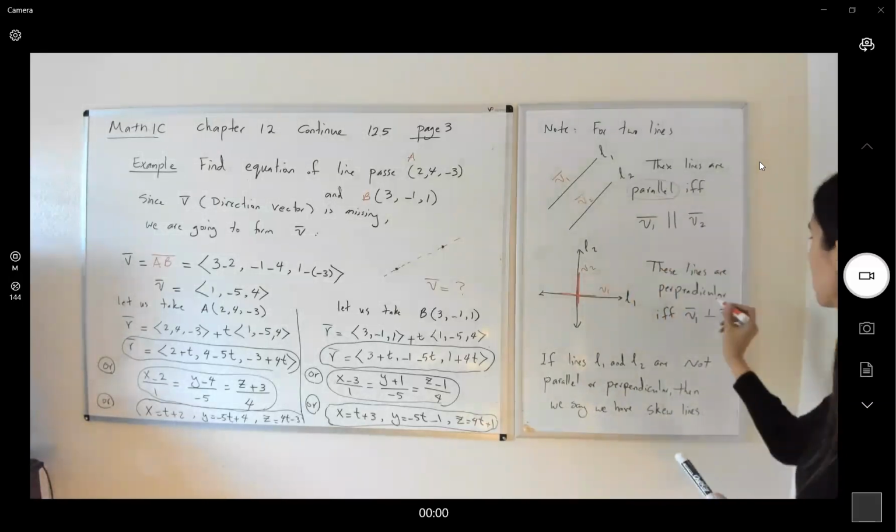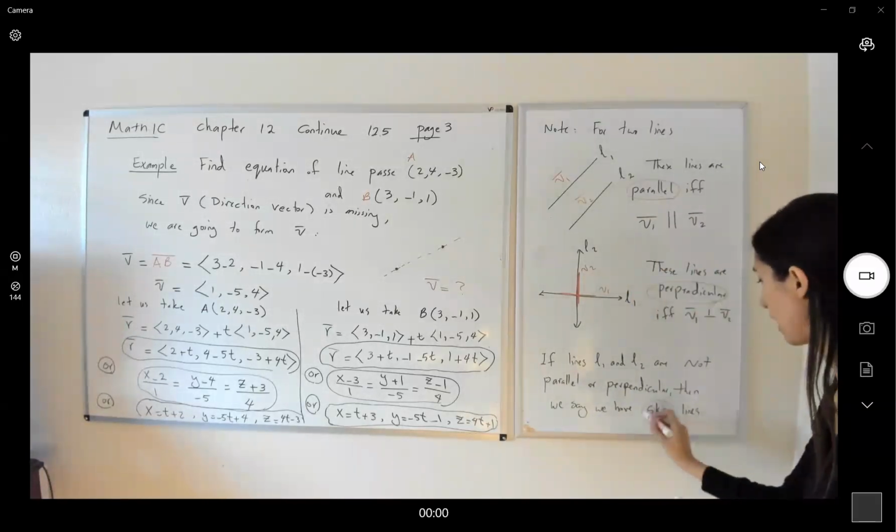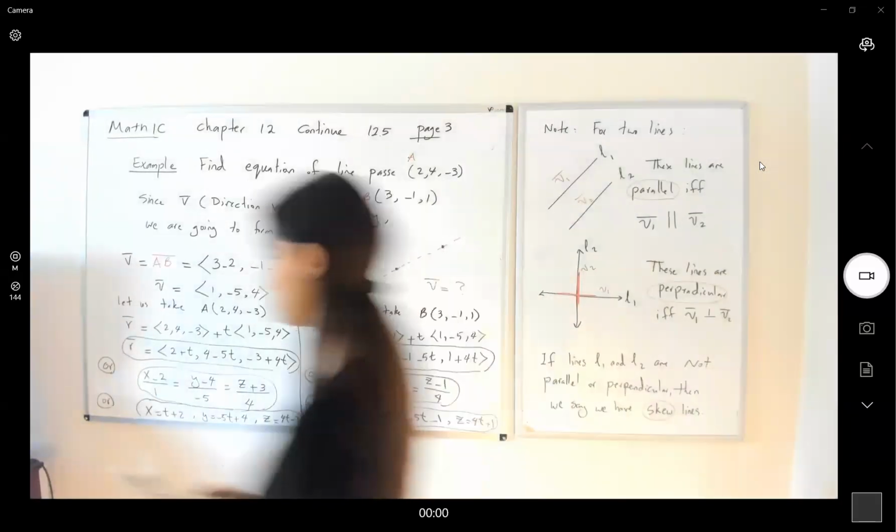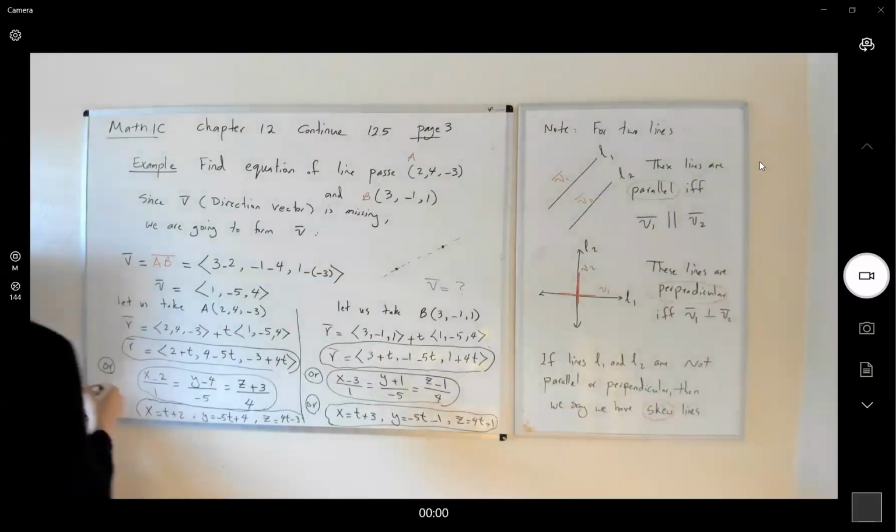So parallel, perpendicular, and skew lines. Let us go over one example, see what's going on here.